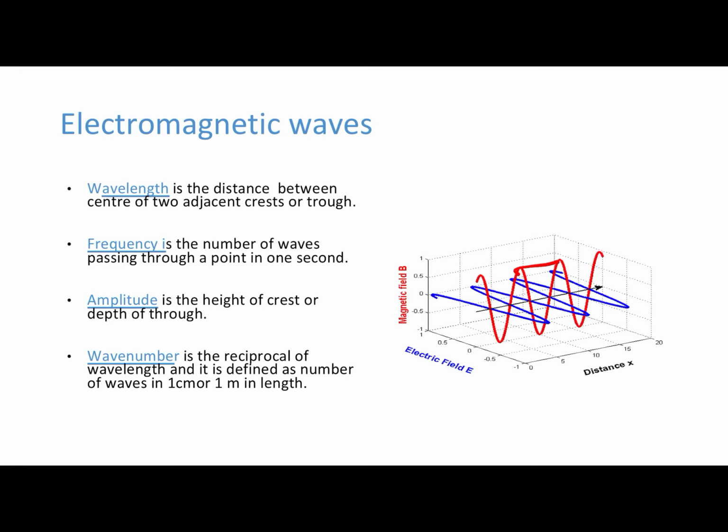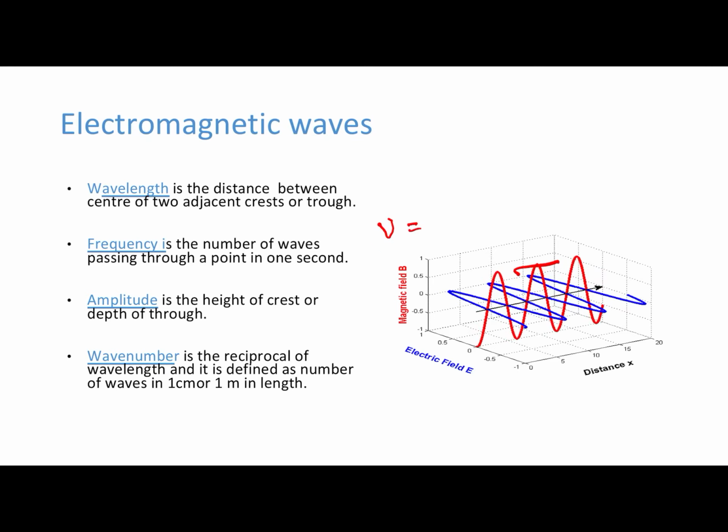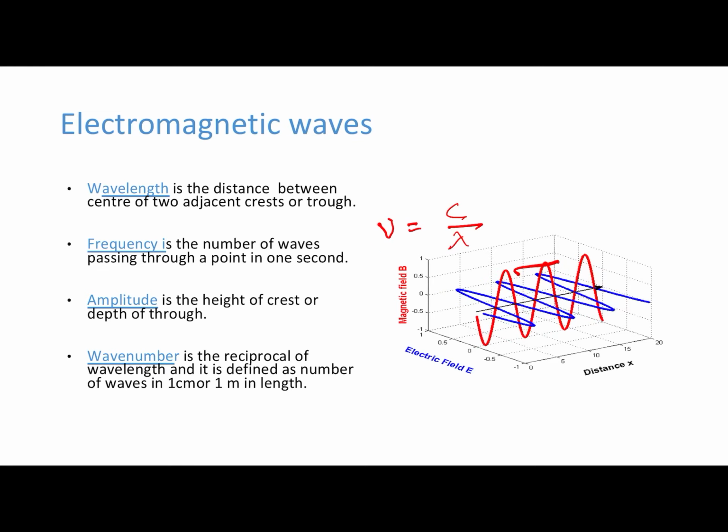Its unit is second inverse, or hertz, and it is related to velocity and wavelength, denoted by lambda: nu equals c by lambda, where c is the velocity of light, taken as 3 into 10 to the power 8 meter per second. Amplitude is the height of the crest.